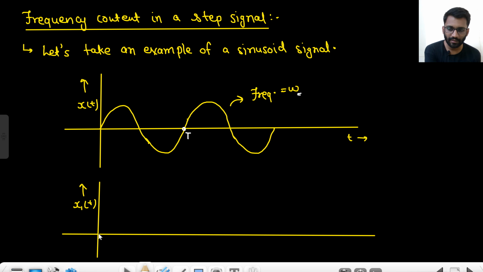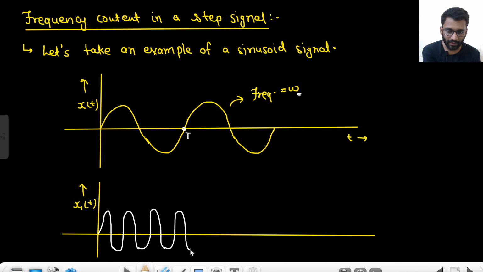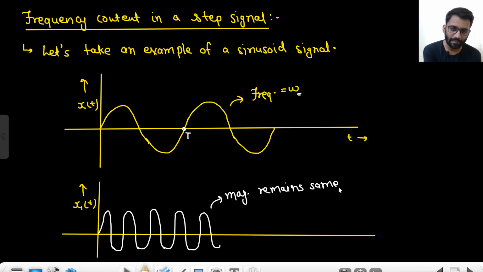How do I increase it? I increase it like this. I'm not increasing the magnitude. Magnitude remains the same, but frequency increases, right? This is my signal, my frequency is omega.